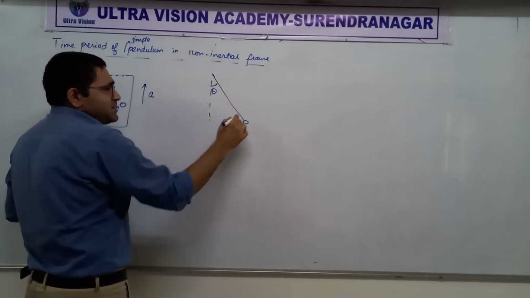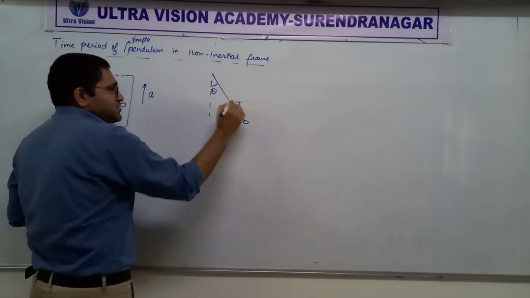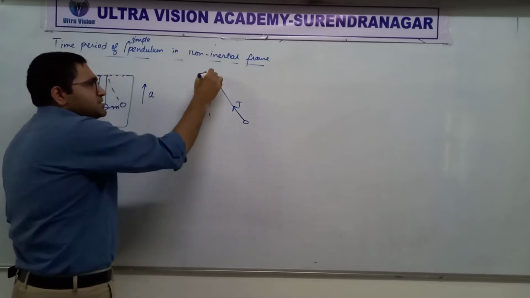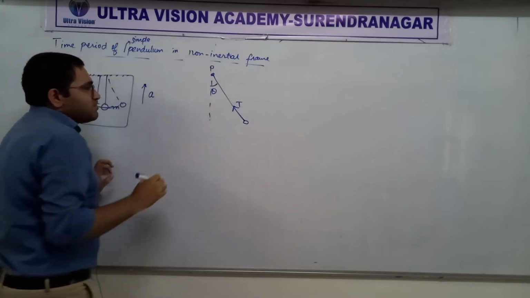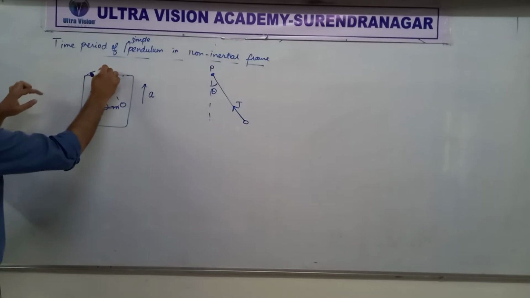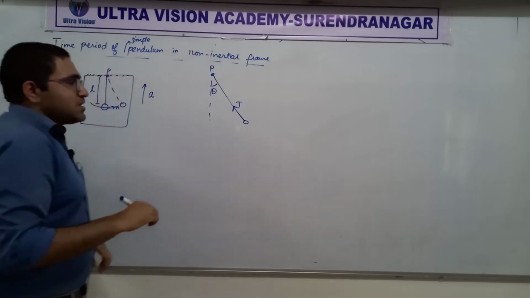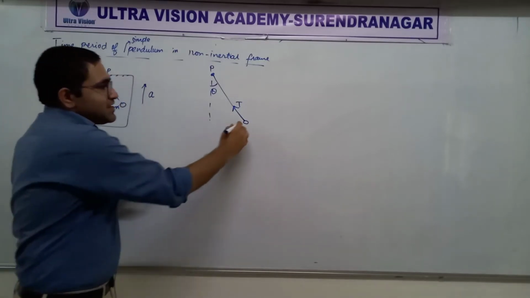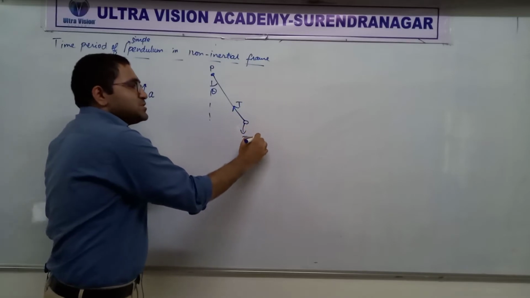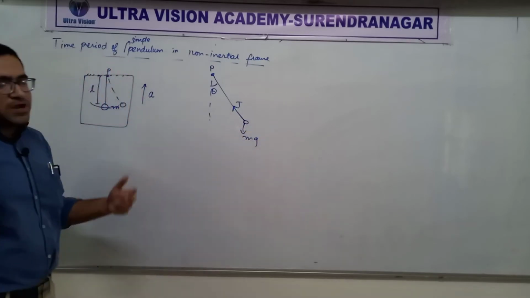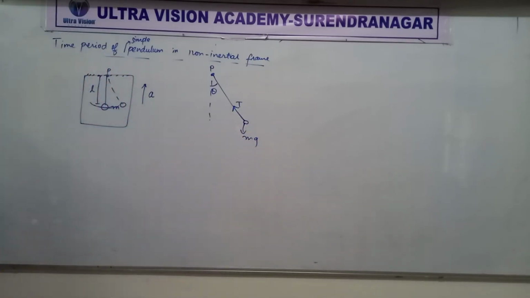So there you have the tension along the string which is passing through the pivot P. Obviously pivot P is where this hangs from. And then there is mg, which is of course downward, there is no doubt about that.